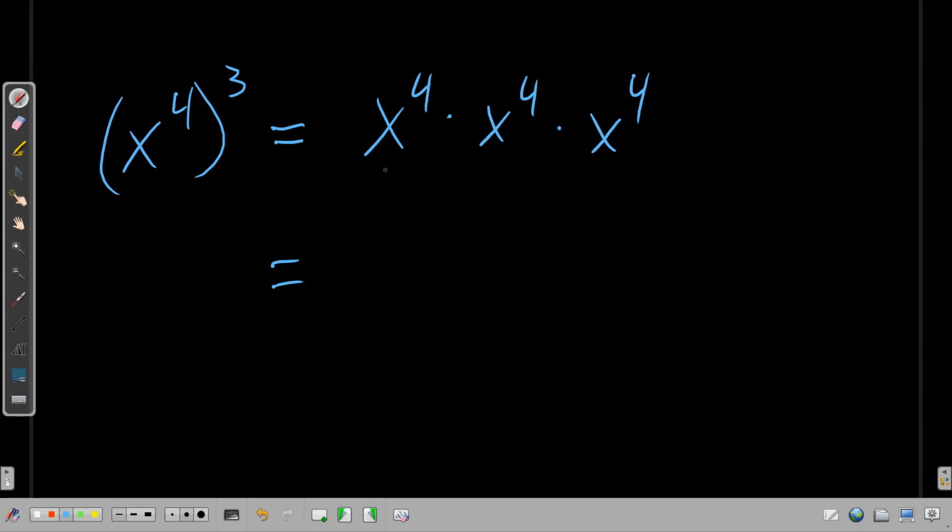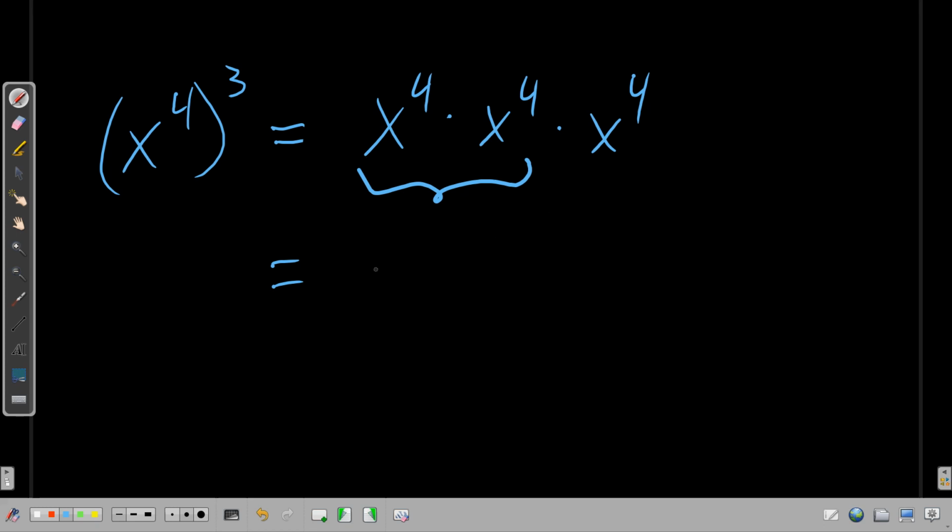And wouldn't you know, this is a product of 2 guys with the same exponential base, x. So I can use the previous rule. I can say that these 2 things down here, I'll just focus on 2 at a time.